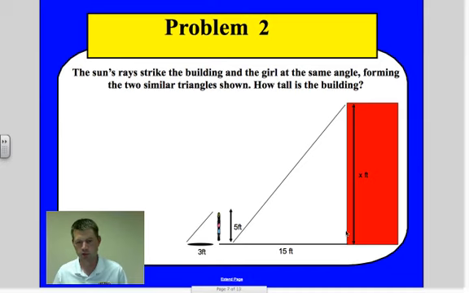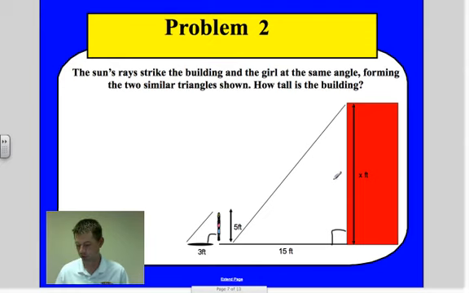We have the sun up here. Again, that line there means 90 degrees if you didn't know. We want to know how tall the building is. We know the girl is 5 feet tall, and her shadow is 3 feet. We know the distance from the building to where she's standing is 15 feet. Through this information we want to find the building's height.